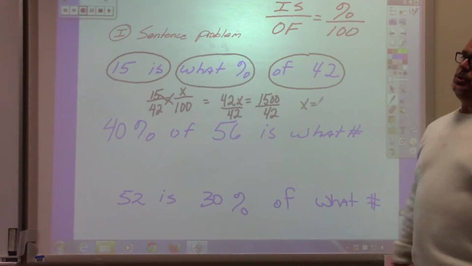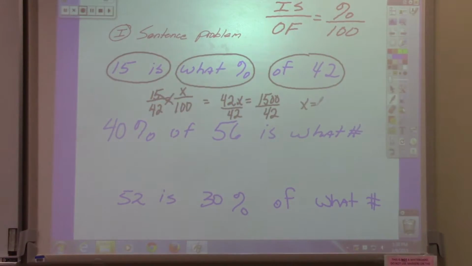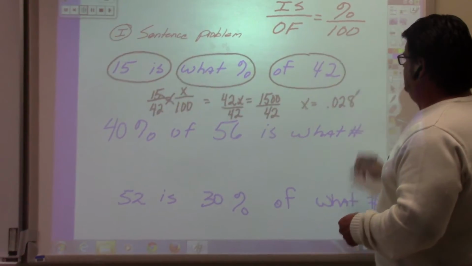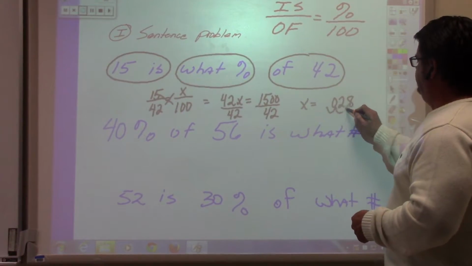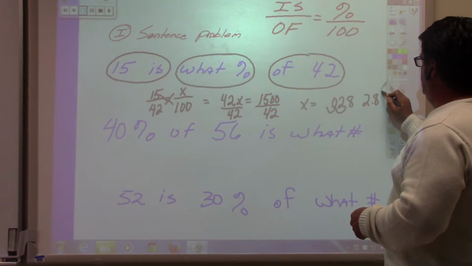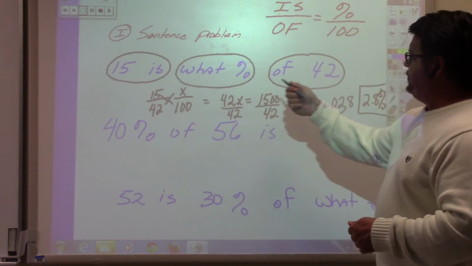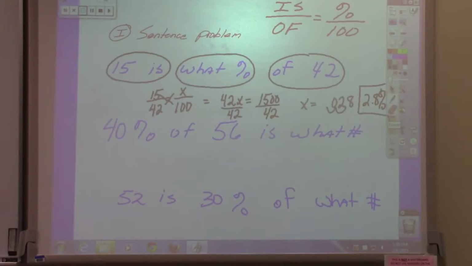X is equal to, somebody do that for me. 0.028. And that is what? 2.8 what? Percent. So 15 is 3% of 42, or 2.8% to be precise.